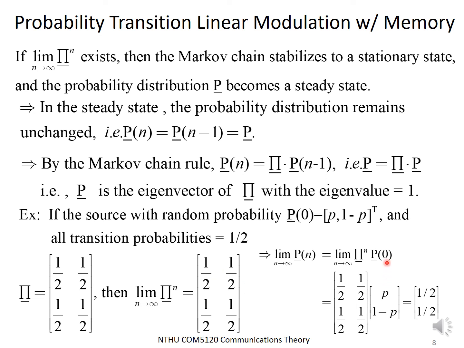And the initial probability is any equal or unequal probability of p and 1 minus p, and after the transition you will always get 1 over 2 and 1 over 2, an equal probability distribution at the output.